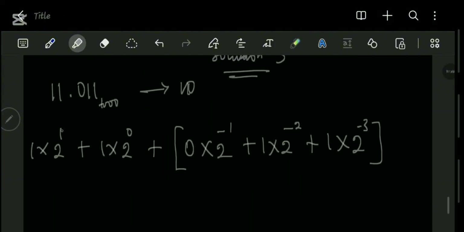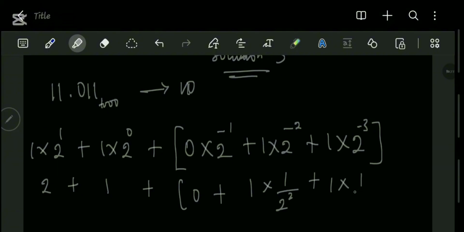So 2 to power 1 is 2, times 1 is 2, plus 2 to power 0 is 1, 1 times 1 is 1, plus, since this is multiplied by 0 here, everything here is 0, right? Plus this is 1, multiplied by the inverse of 2 raised to 2, plus this one multiplied by the inverse of 2 raised to power 3.